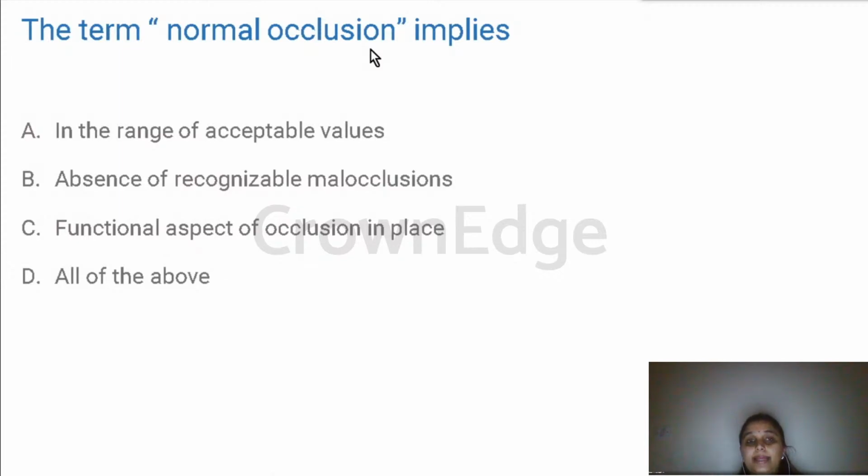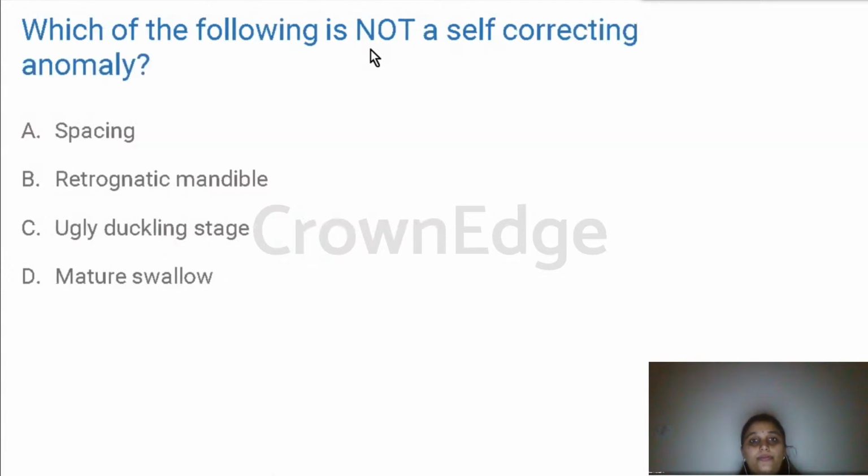So all that is in place. It is not hampering your speech. It is not hampering your masticatory ability. So that is the functional aspect of occlusion. So when I say the term normal occlusion, what I imply is it is in the range of acceptable values, there is no recognizable malocclusion, the functional aspect of occlusion is in place. So it is all of the above.